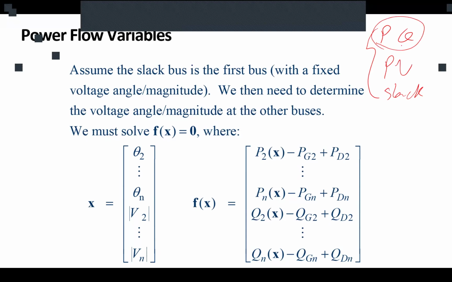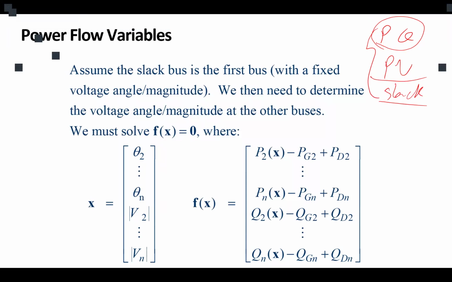PQ buses are the buses where you know P and Q of the bus, and you want to find the voltage and theta. PV buses are the situation when you know P and V, and you want to find Q and theta. The slack bus is one bus that we consider the reference that you choose for your system.